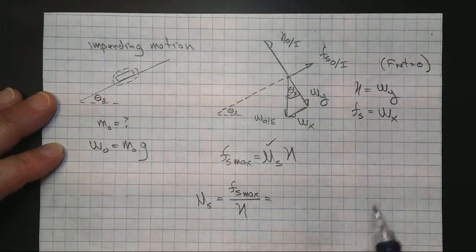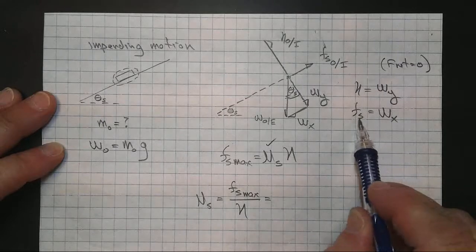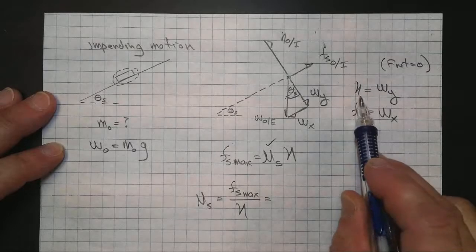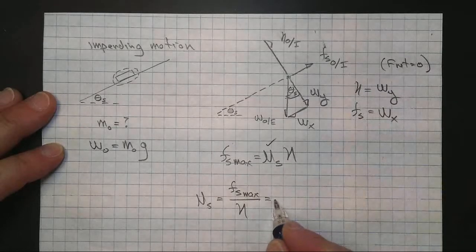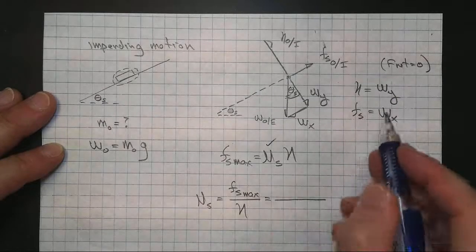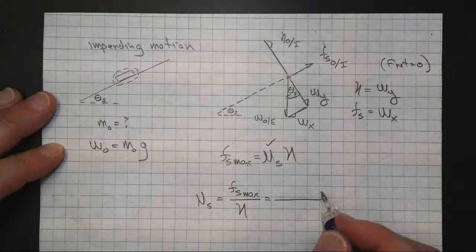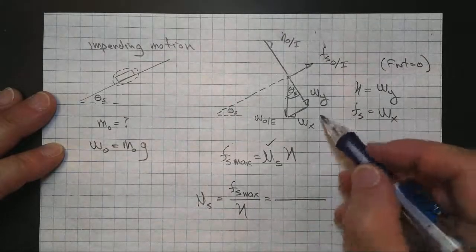Well, what we know from our work in the free body diagram is that Fs max, which is Fs actually, equals Wx, and the normal force balances Wy. So we're going to substitute. Fs max equals Wx, and if we think about Wx, we can look at a little bit of trig.